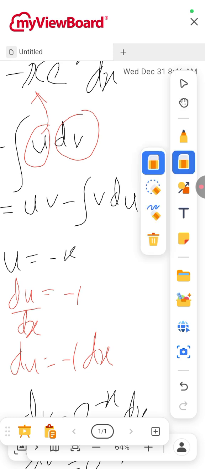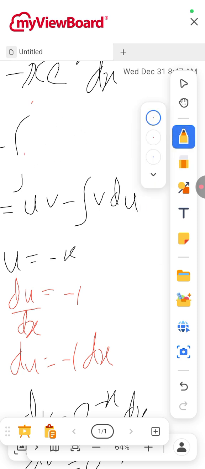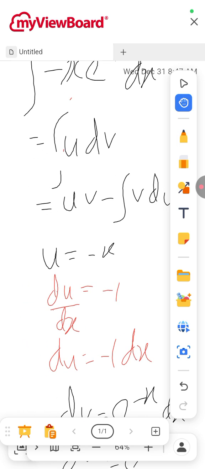Now that I'm done with this, I will substitute all this into the integration by parts formula, into this place here. So I'll substitute my u, my dv, everything back to this place.